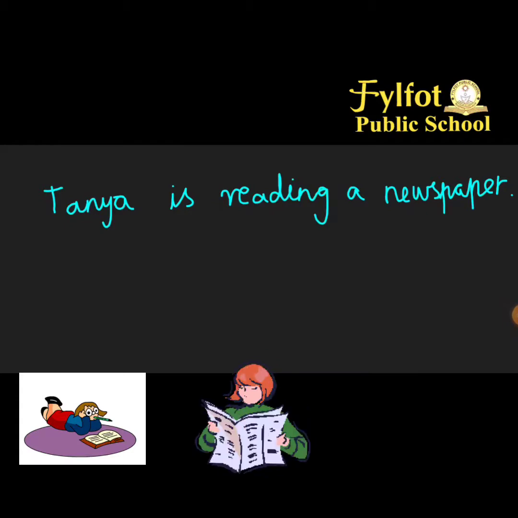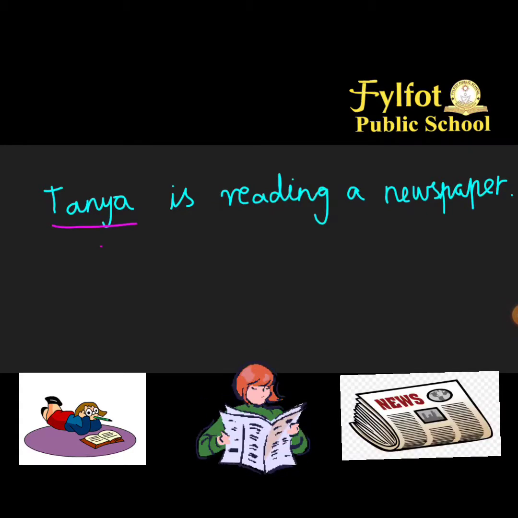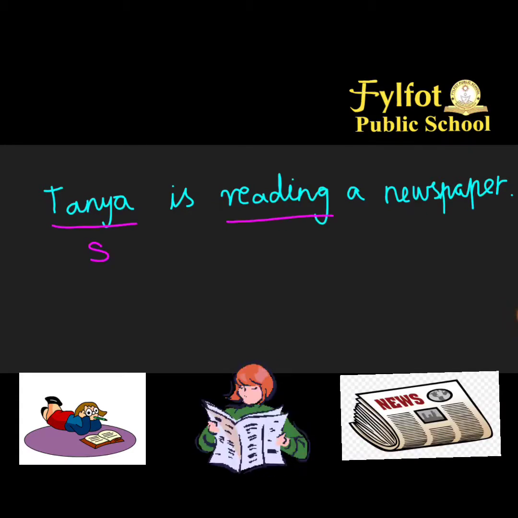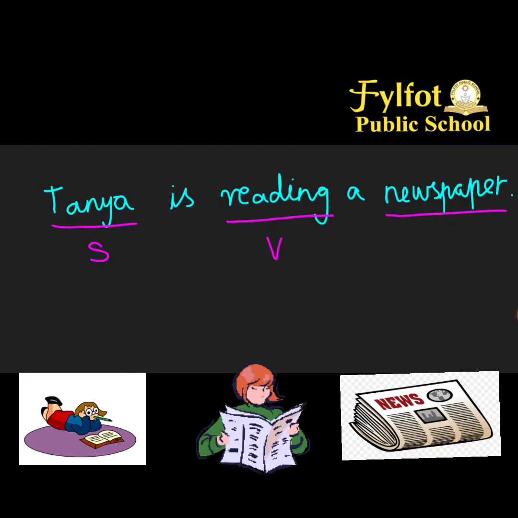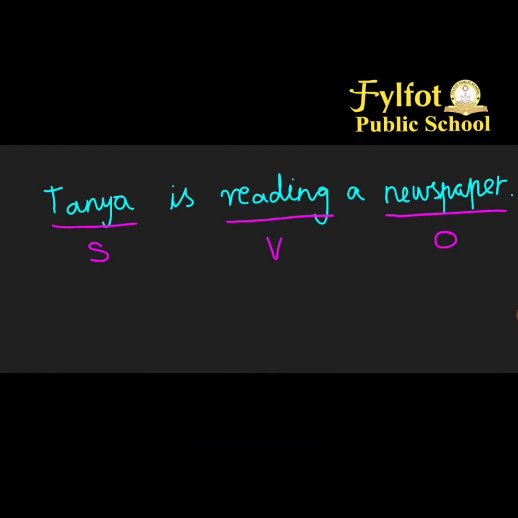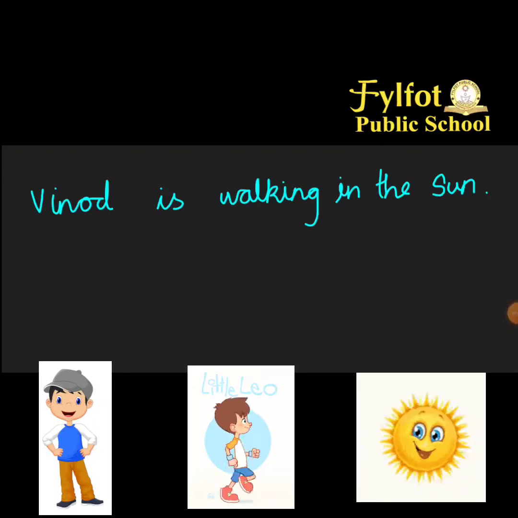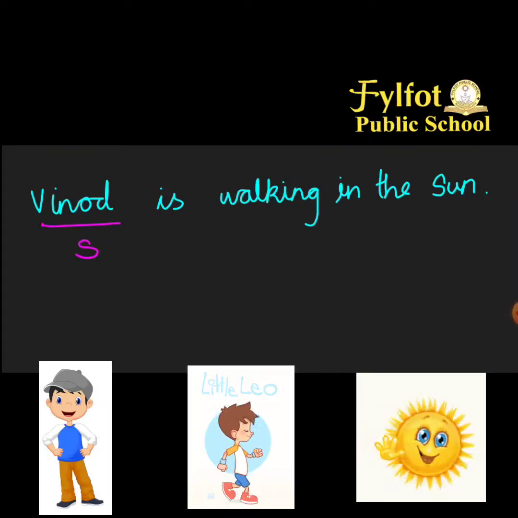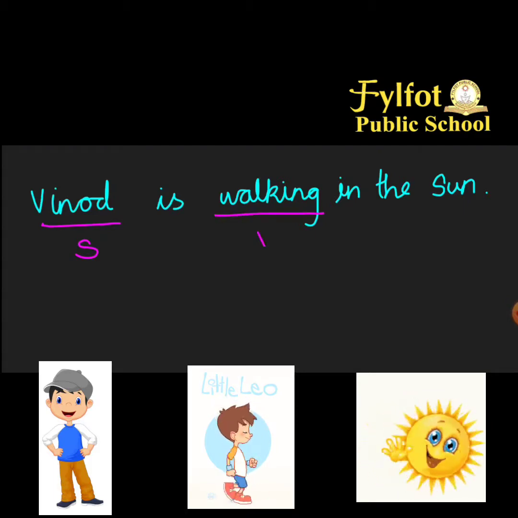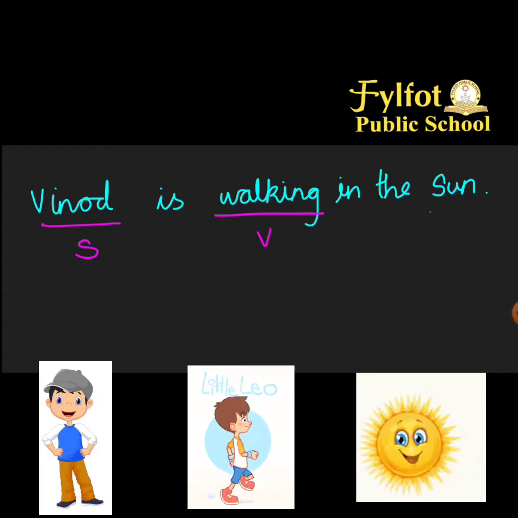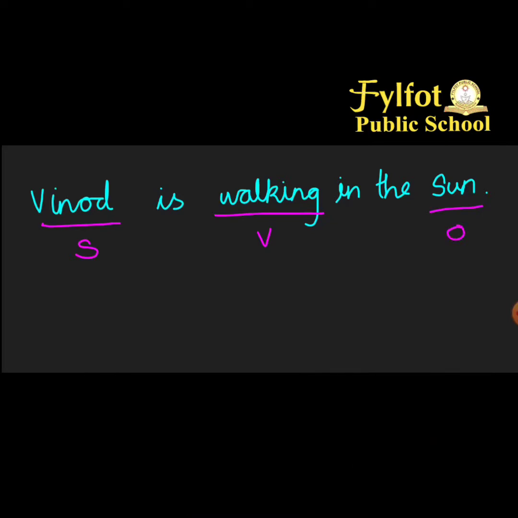Tanya is reading a newspaper. Tanya is a subject, reading is a verb, newspaper is an object. Vinod is walking in the sun. Vinod is a subject, walking is a verb, the sun is our object.